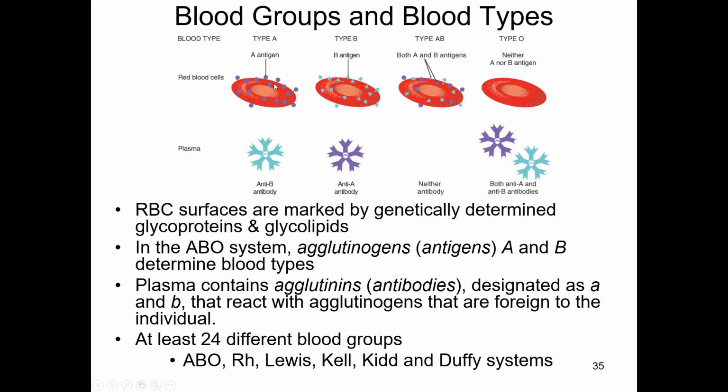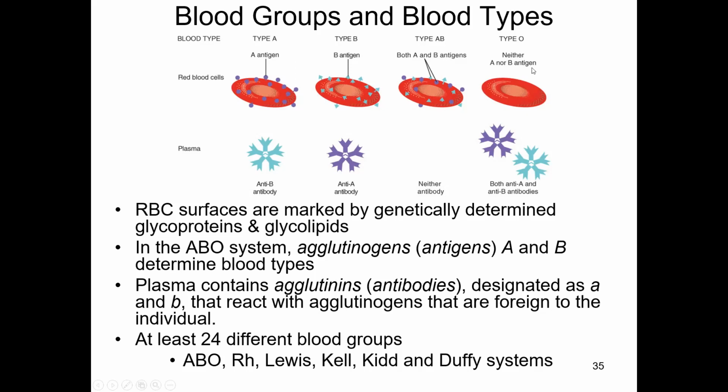So if you take B or A antigen-bearing red blood cells, you wash the plasma away, and you just transfuse rinsed red blood cells into this patient, it will not be attacked because there are no antibodies. So the type AB individuals are also called universal recipients because they can receive just red blood cells, not whole blood. They can receive red blood cells from any other blood type.